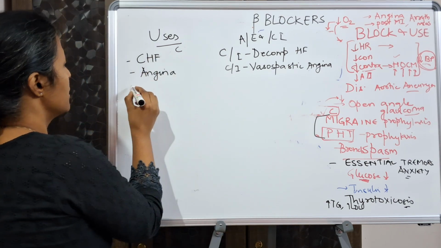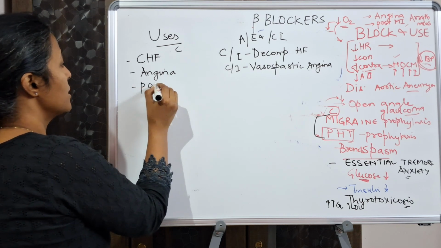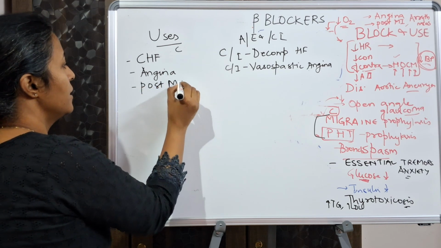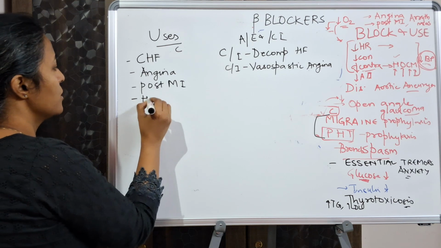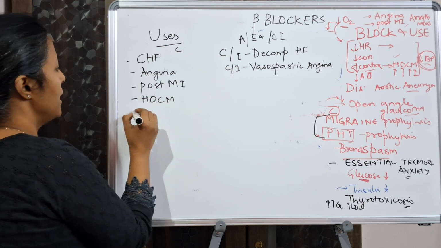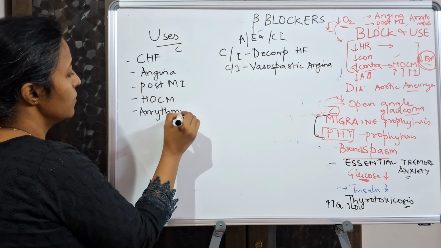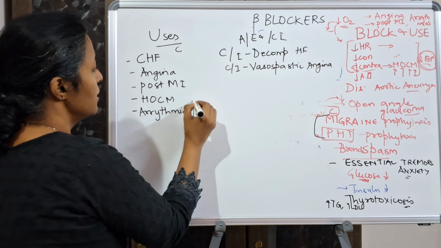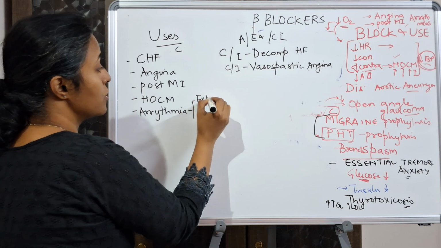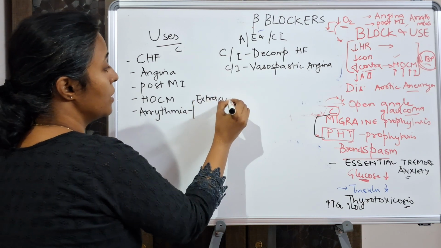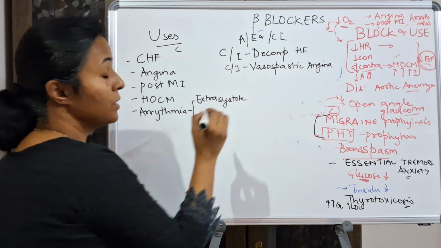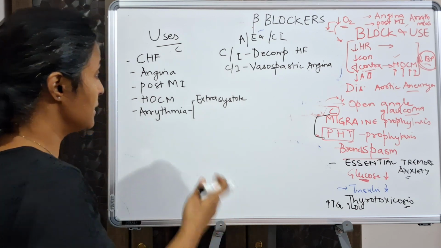Then it is used post MI, and in HOCM. Arrhythmias, what kind of arrhythmias will it be used for? We have not discussed that. It is used in extrasystoles, because they can happen due to increased automaticity.